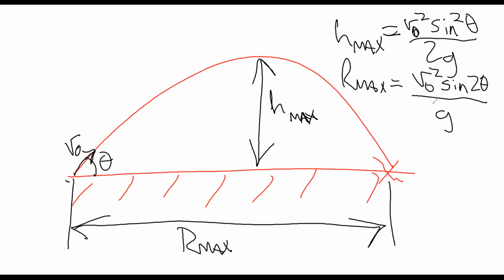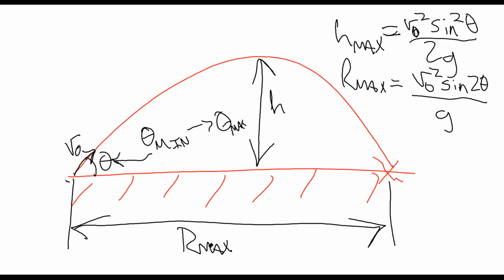Okay, so I have these two equations. I want to find max height and max range, but I don't just want to say it's the maximum height for a particular angle. The problems we've been looking at have been saying I'm going to vary theta, between some minimum angle and some maximum angle.